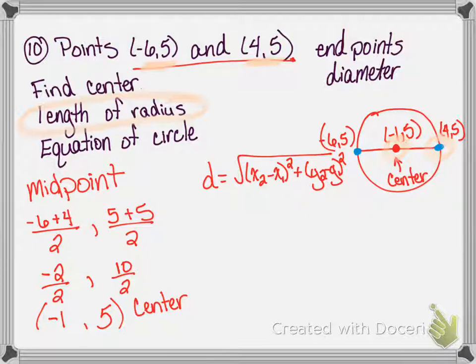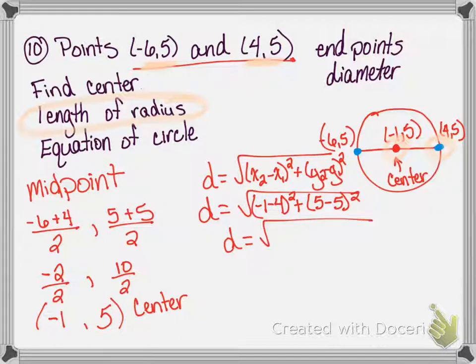So my x values, and I'm using my center and an endpoint. So my x value, I've got negative 1 minus 4, and then I'm going to square that. Then I have y minus my y value, and I'm going to square that. So I have negative 1 minus 4, which is negative 5 squared, and then I have 0 squared.